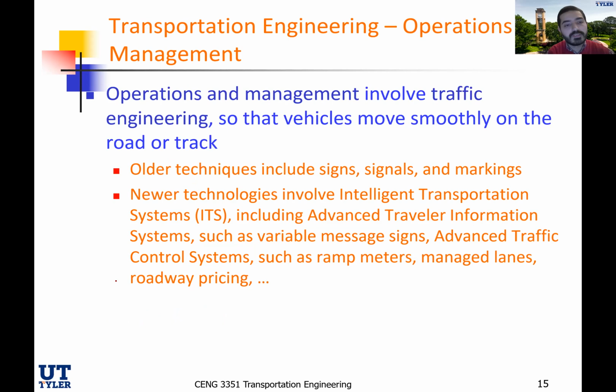The last sub-profession under transportation engineering is operations and management. Operations and management involve traffic engineering so that vehicles move smoothly on any roadway or any track. It includes all the techniques of managing roadways as well as operating them in the right manner, using signs, signals, as well as markings.